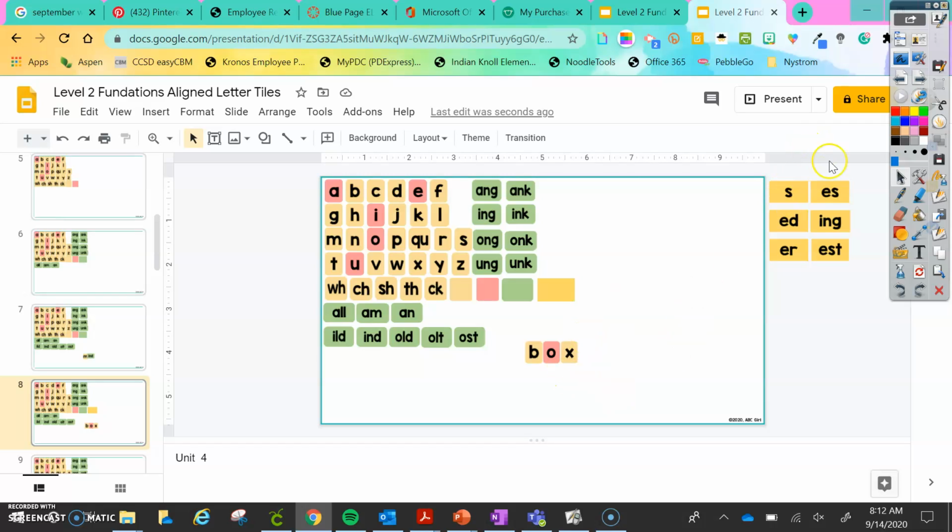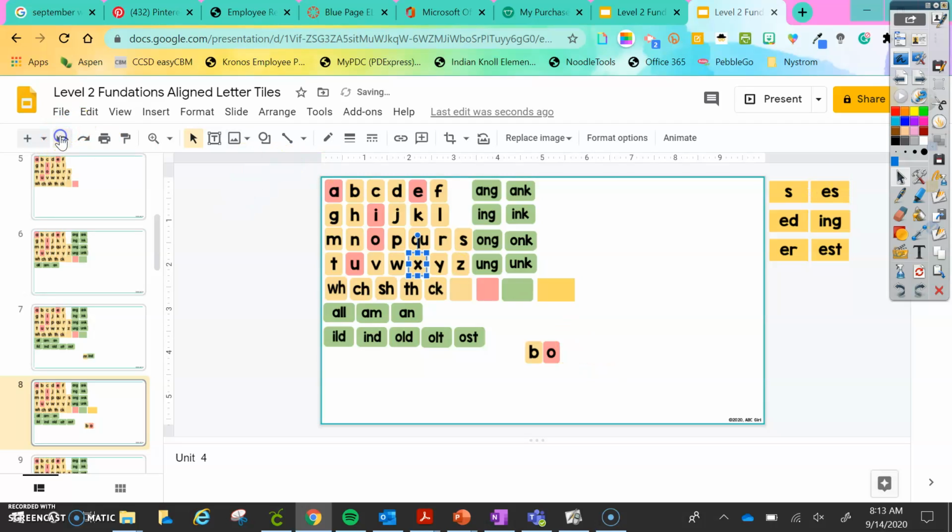So we're not going to add an S to it. We're going to add an ES to it. So we had box, and we turned it into boxes. Now, any word that ends with S, CH, SH, X, or Z, we have to use our suffix of ES.